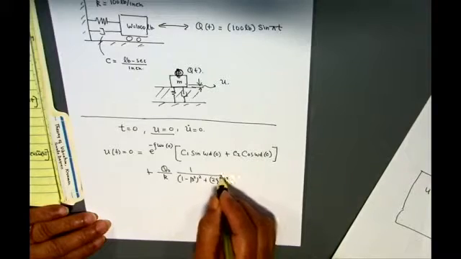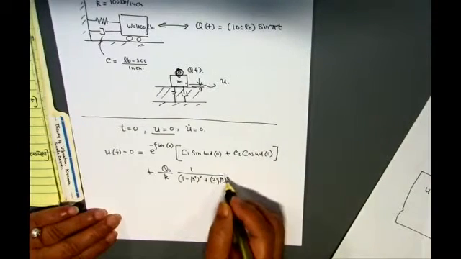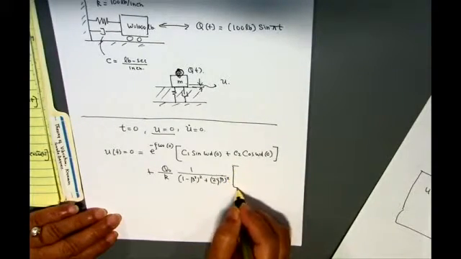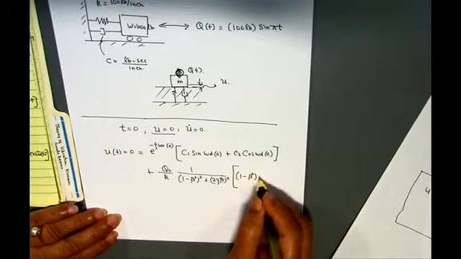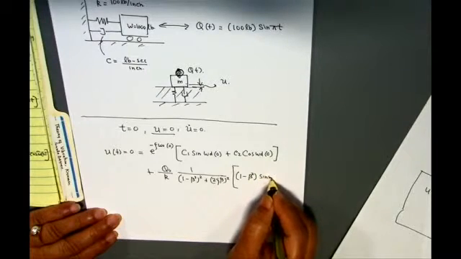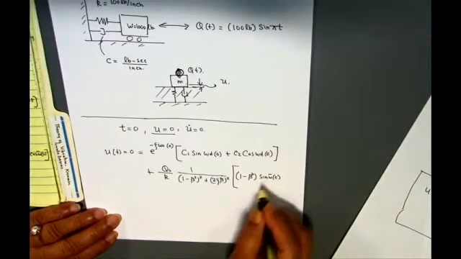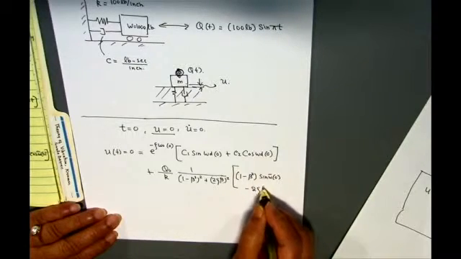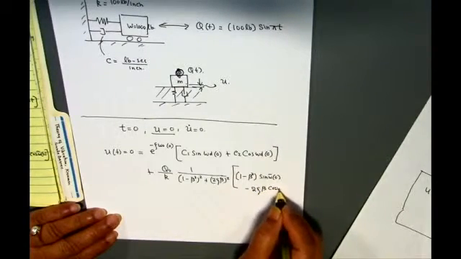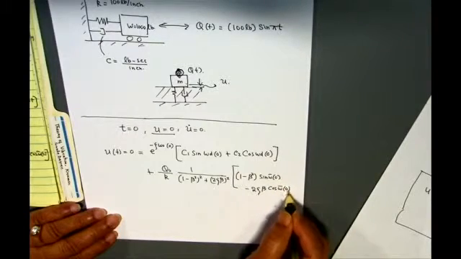There is no term of time here, so it does not get affected. Bracket 1 minus beta square, and now we have sine omega bar t with t equal to 0, minus 2 zeta beta cosine omega bar t with t equal to 0. Okay.